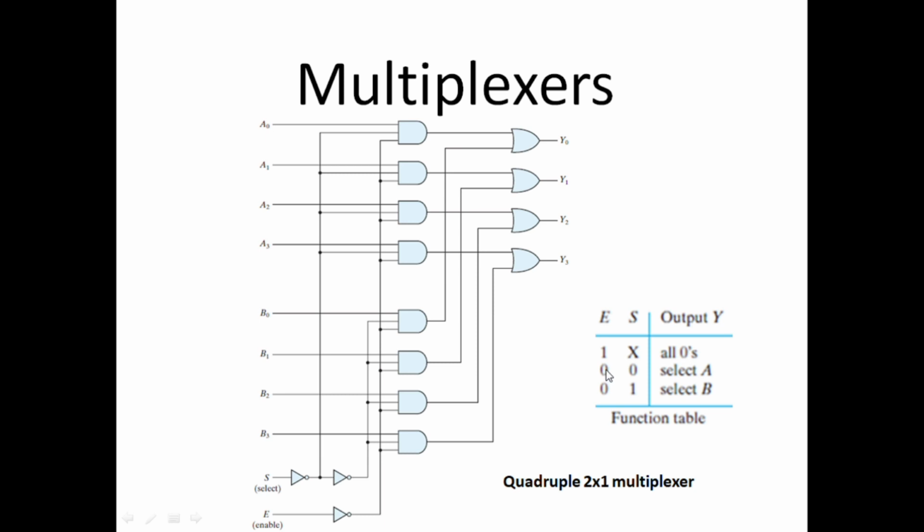Whenever the enable is 0, 1 is given from this enable to all the AND gates. When the S value is 0, the select line is 0, it becomes 1 here.